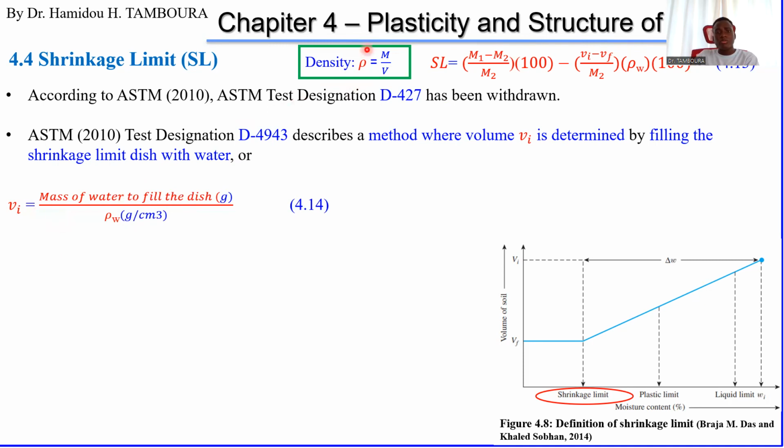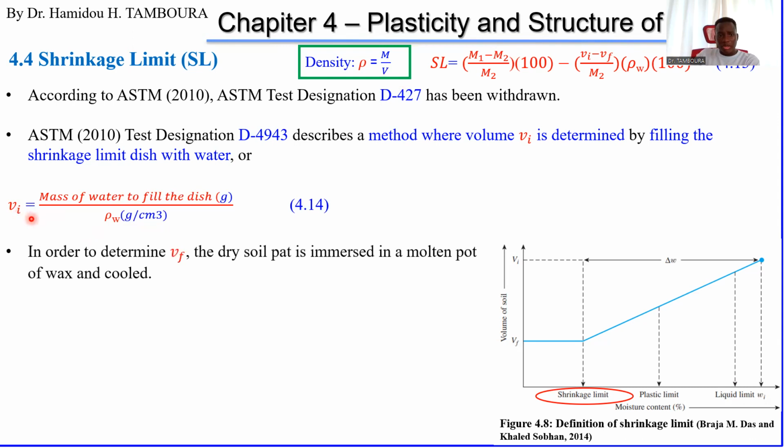And this also comes from this formula, okay? Volume can be obtained by taking mass and dividing it by density. Okay, anyway, so this is how you can obtain the initial volume.